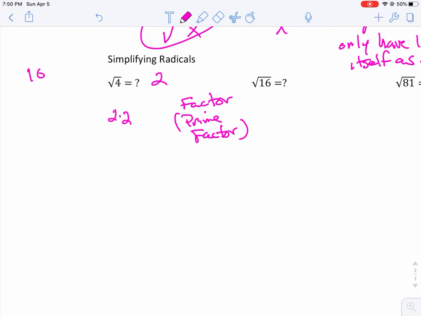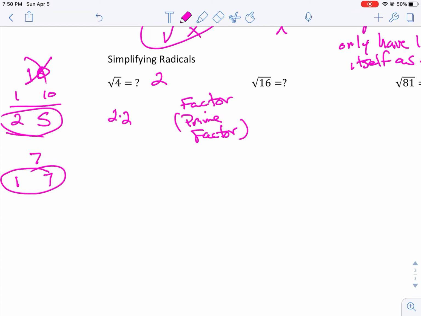Okay, so like the number 10, when we factor it, 1 and 10, 2 and 5, it has 1 and itself as factors, but it also has 2 and 5, so 10 is not prime. If we take the number 7, 7 only factors to 1 and 7, so that is a prime number. So we want only numbers that can be factored to 1 and itself.